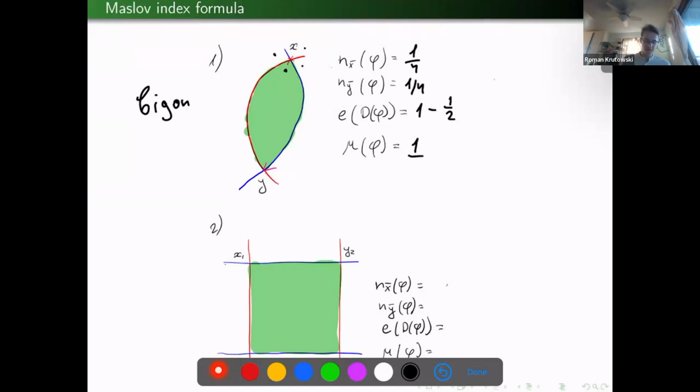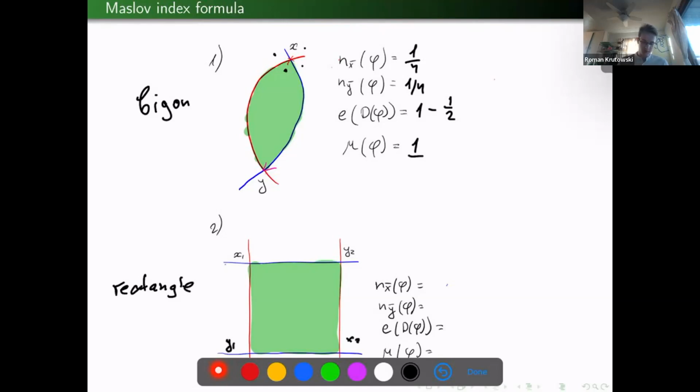And this corresponds to our intuition that from a strip to a strip, there is a one parameter family of maps. Okay, a slightly more complicated case of rectangles. So here it is point y1, and here it is point x2.